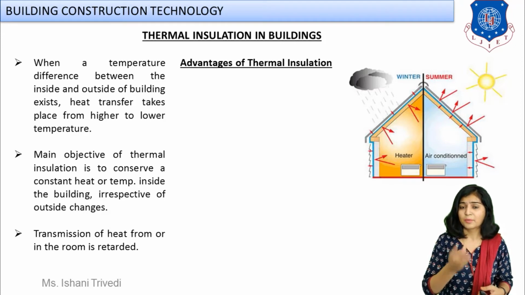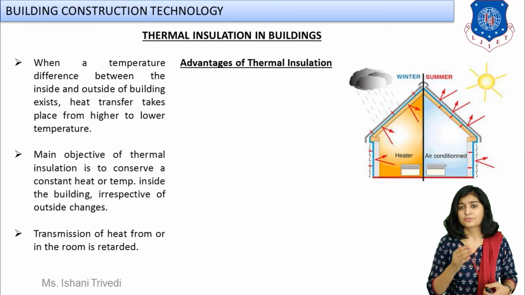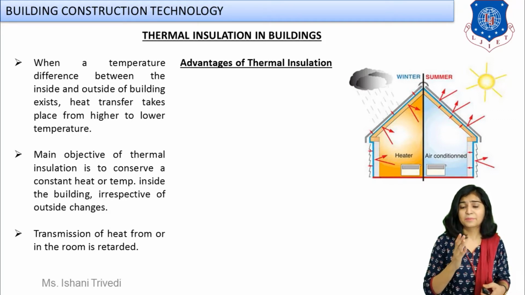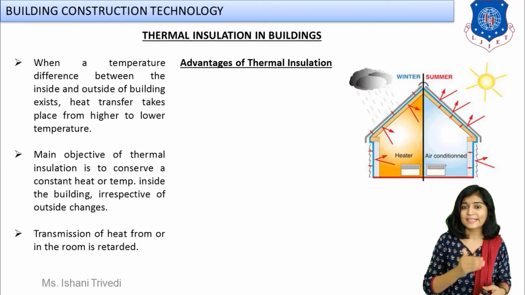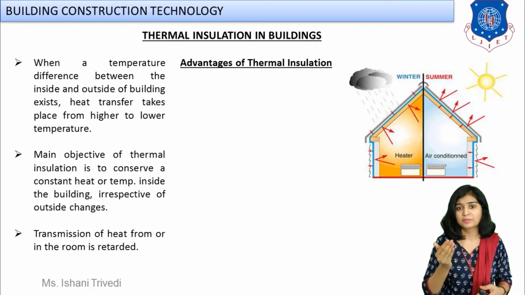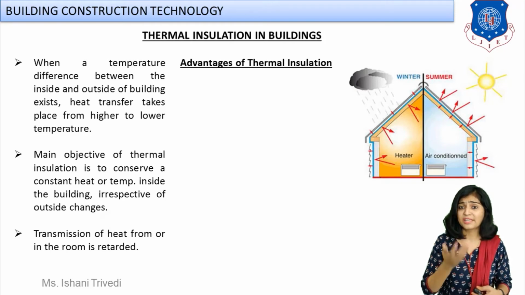Now there is a property of heat that heat always flows from higher temperature to lower temperature. So whenever there arises a temperature difference between inside of the building and outside of the building, as in the summer season when temperature increases, heat is going to flow from higher temperature to lower temperature.